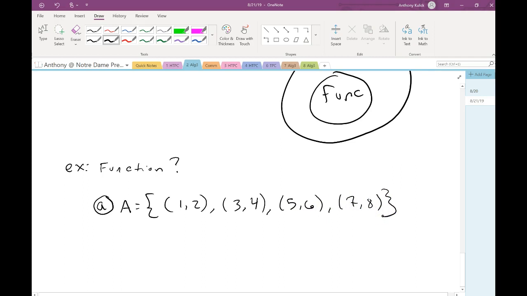So let's say we have the relation with the ordered pairs (1, 2), (3, 4), (5, 6), and (7, 8).